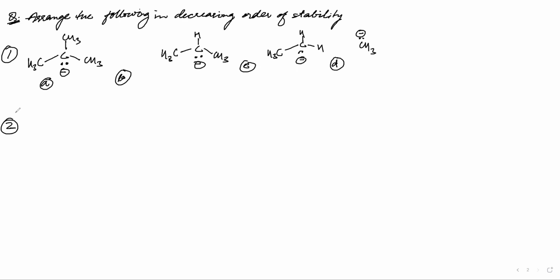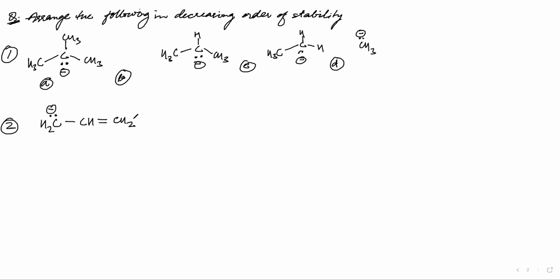You have to give me the order of stability. First of all, if you remember the past few lectures, what did we used to do? Effects are going on in the A structure, the B structure, the C structure, and the D structure, right? What effect? Inductive effect, hyperconjugation, etc. Now, CH2 single bond CH double bond CH2.